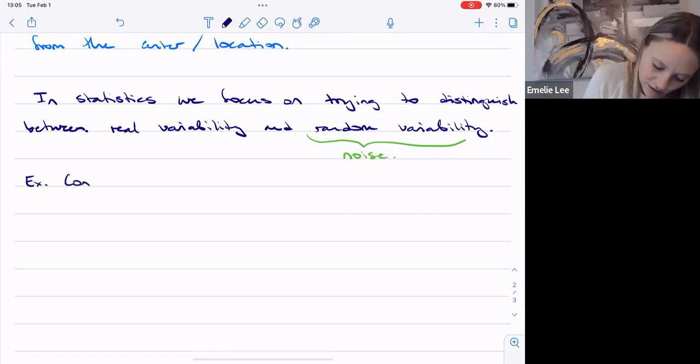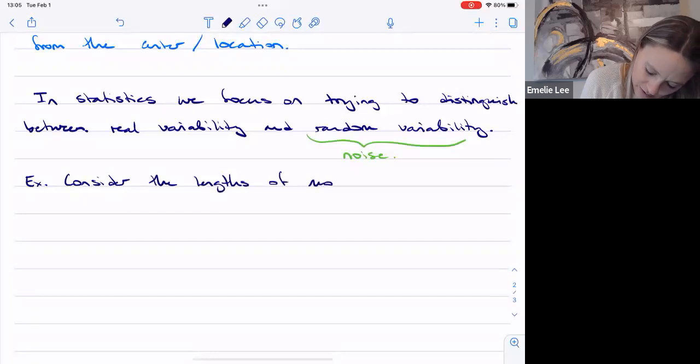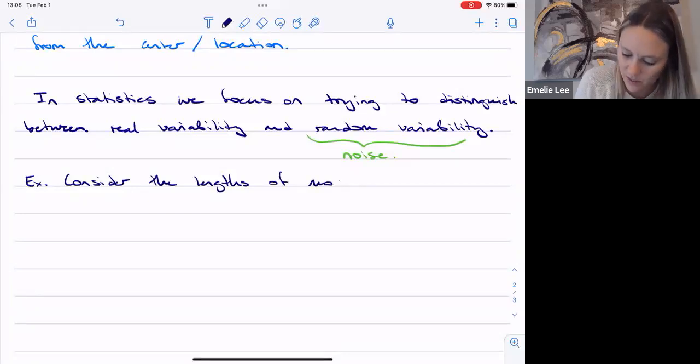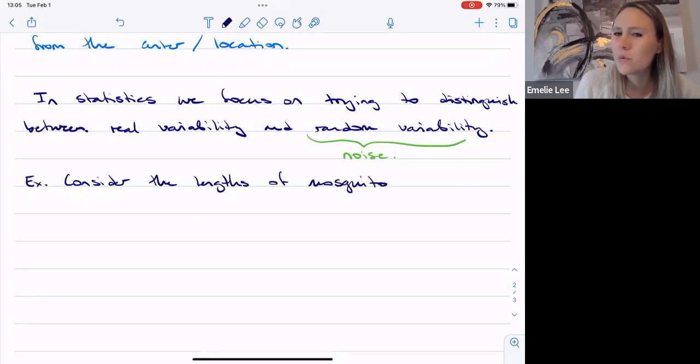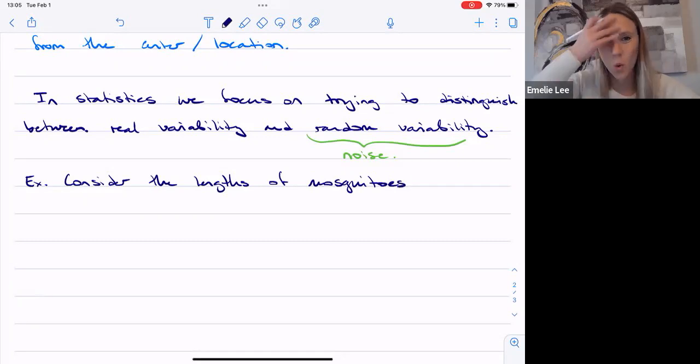So consider the lengths of mosquitoes. Now I have to spell mosquitoes. Is there an E on there? I don't know. Yes, thank you. I've got personal spell check here.